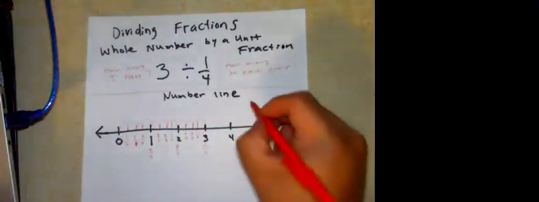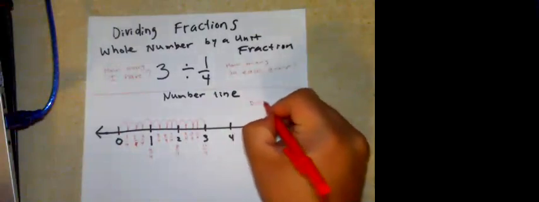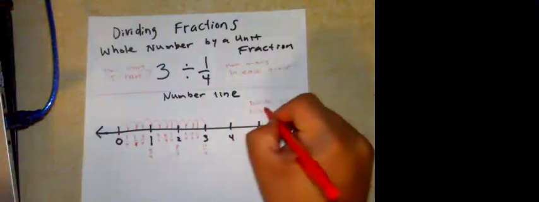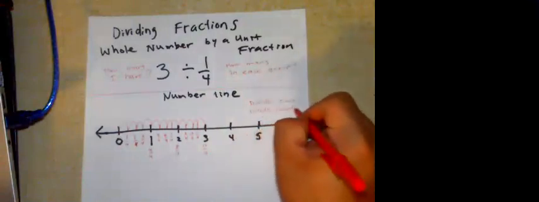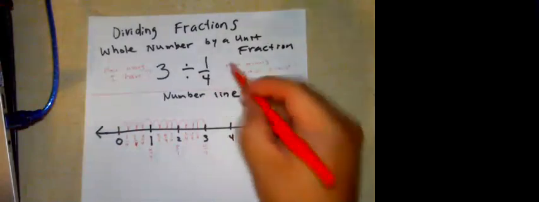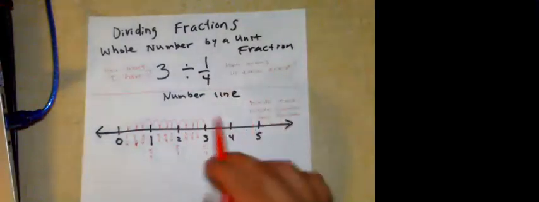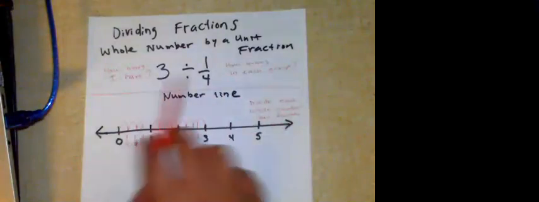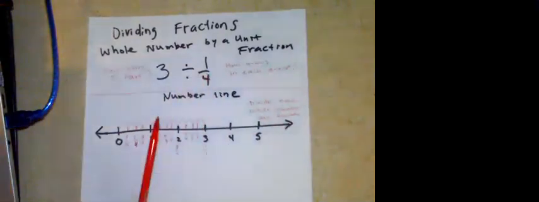So you're going to divide each whole number into fourths, because this is our divisor. We're taking your dividend and dividing it by 1/4.